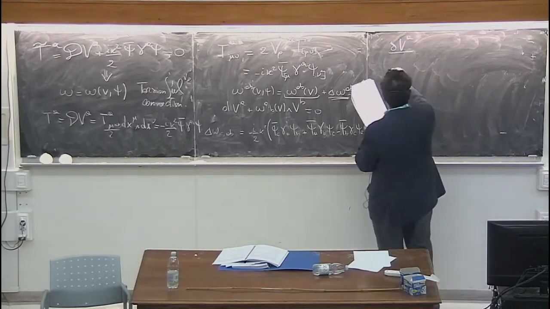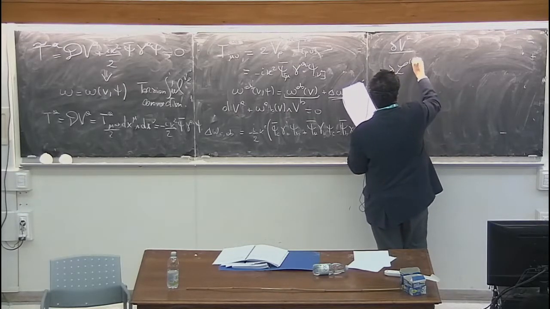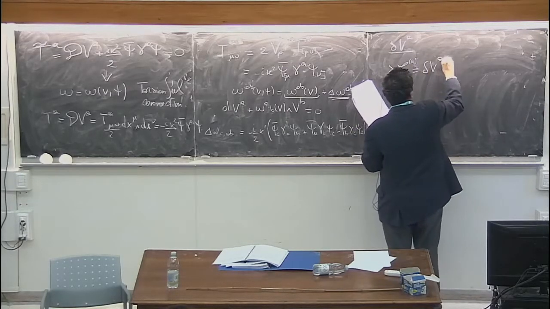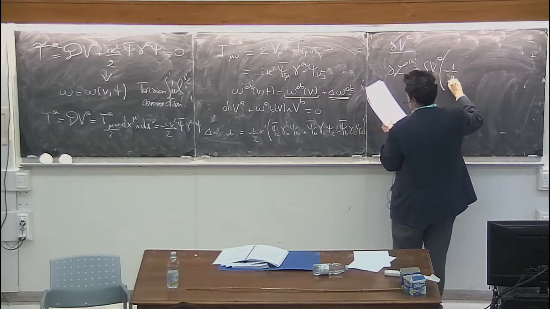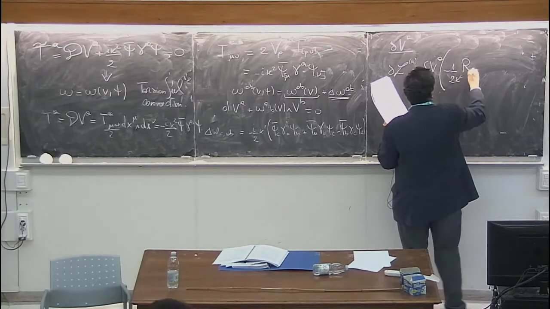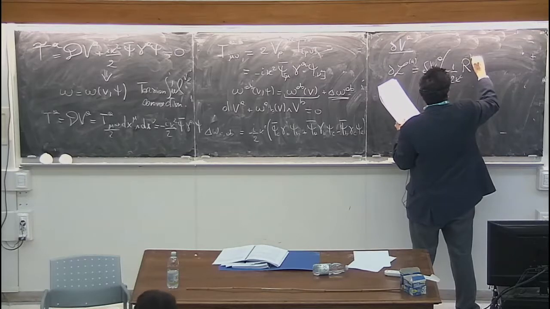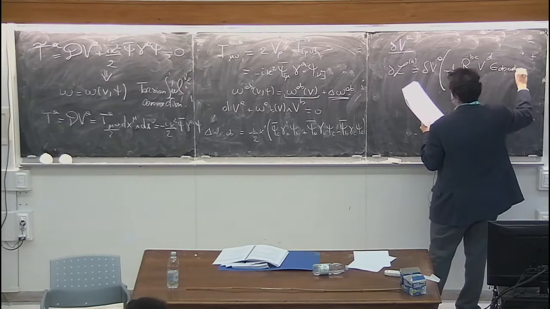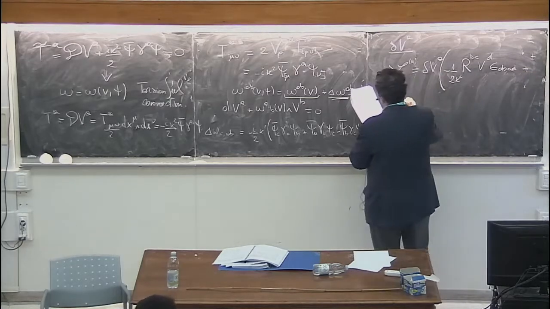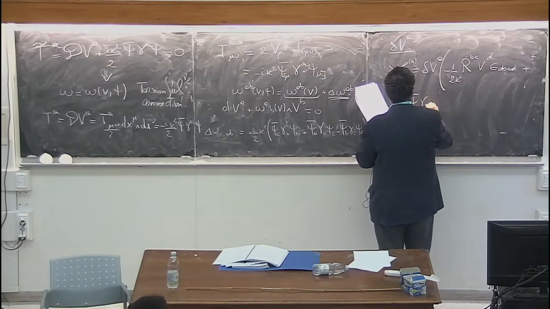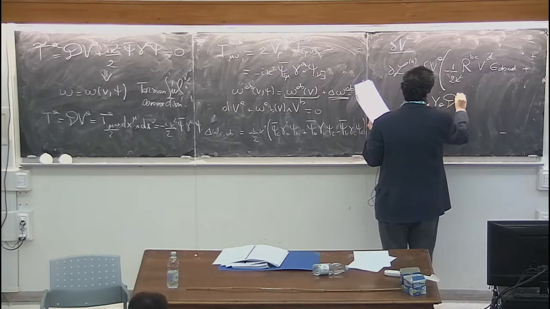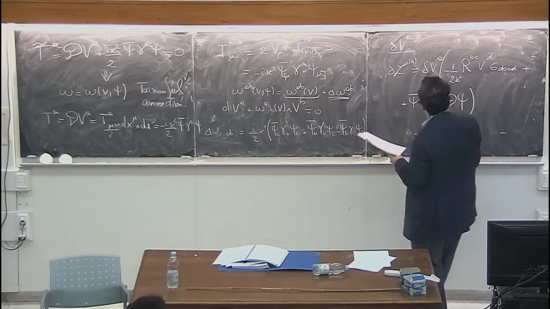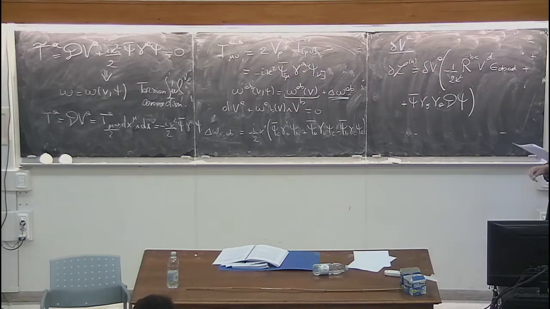What is it? Well, delta L4, just check, that is delta VA minus 1 over 2 kappa squared R BC VD epsilon ABCD plus psi bar gamma 5 gamma A D psi. Okay, this is the equation for VA.